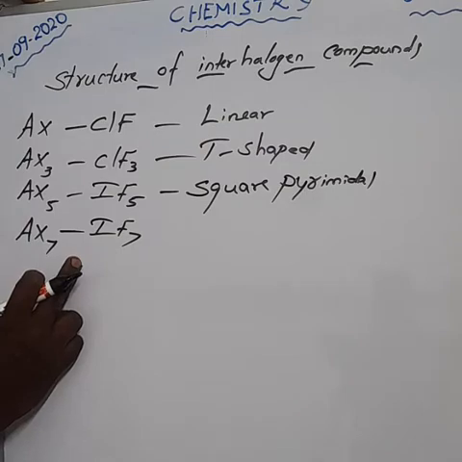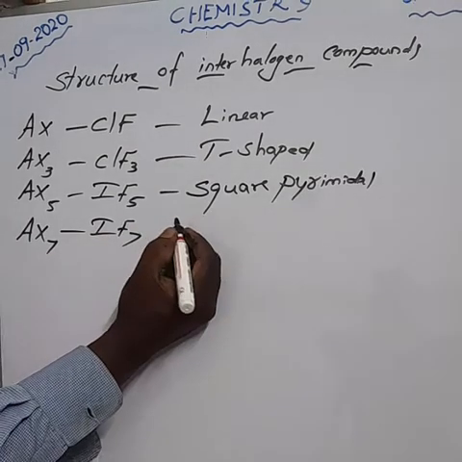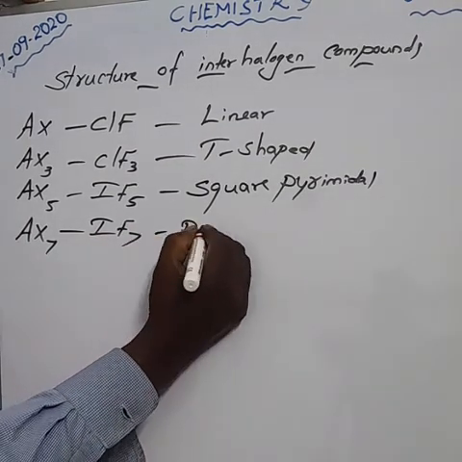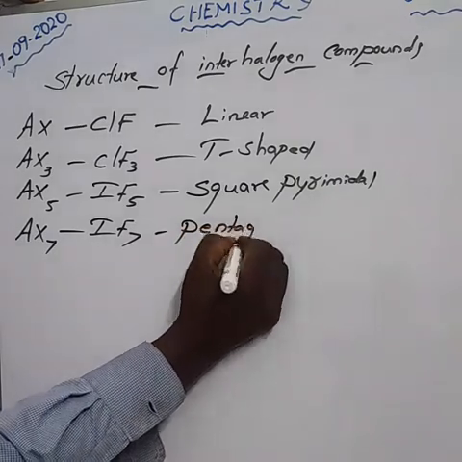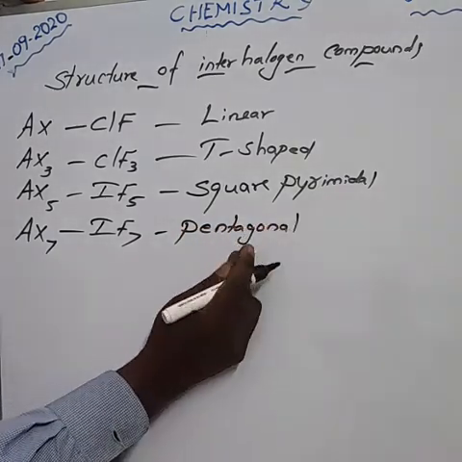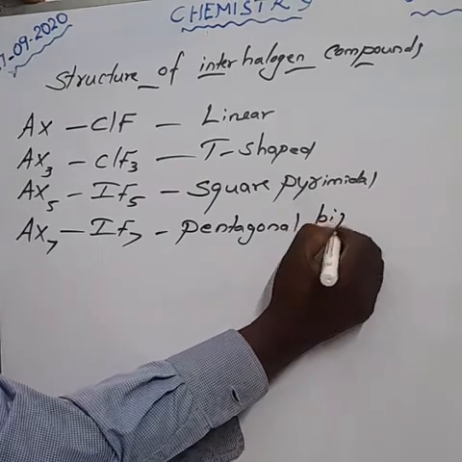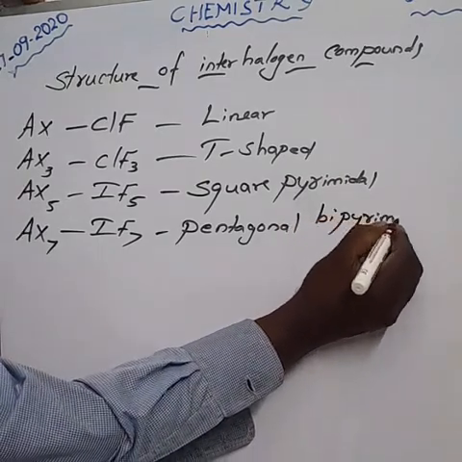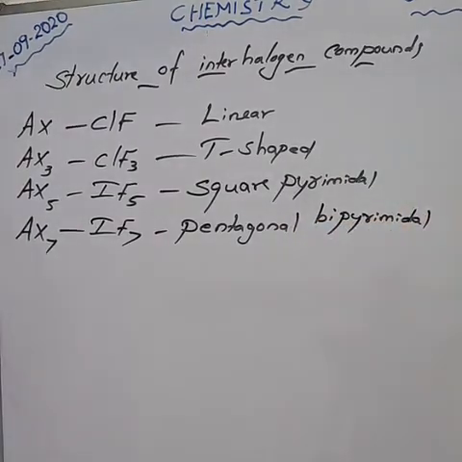Next, IF7 is pentagonal bipyramidal. These are the structures. The structures can be discussed later.